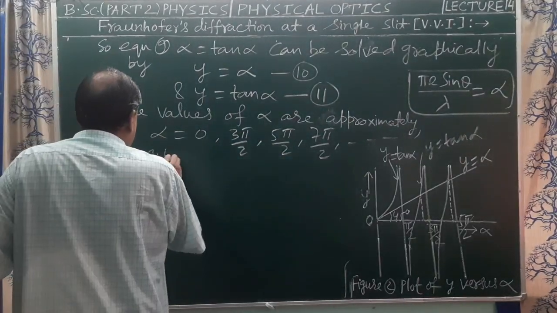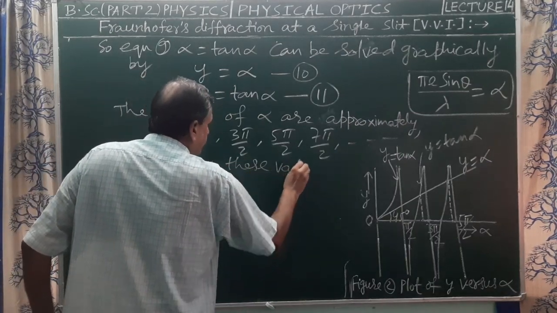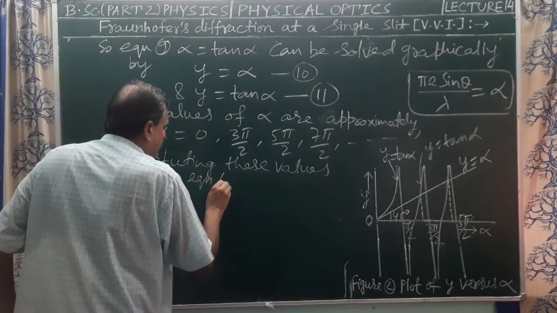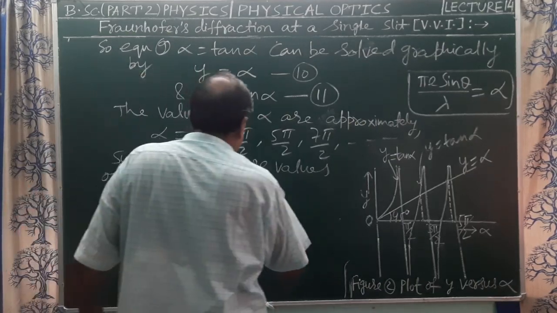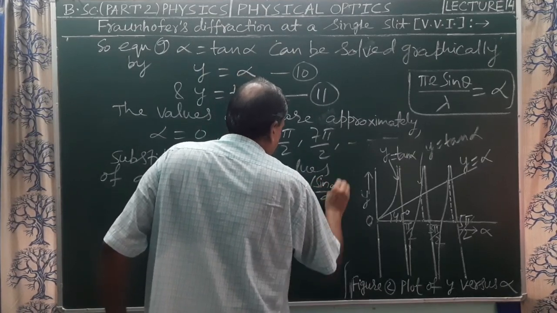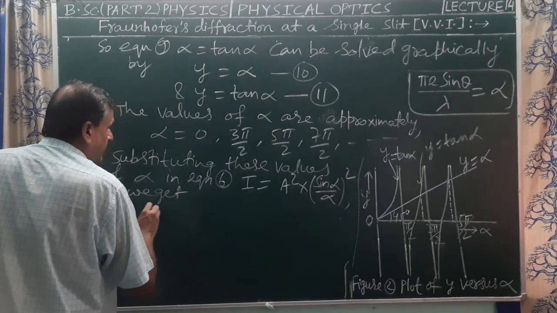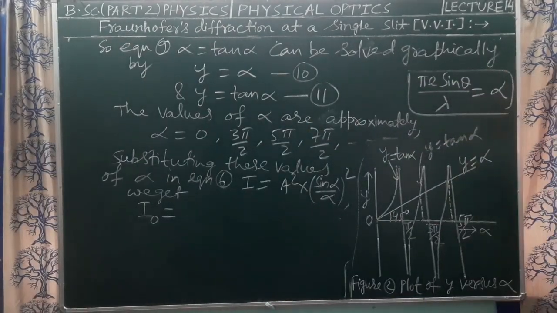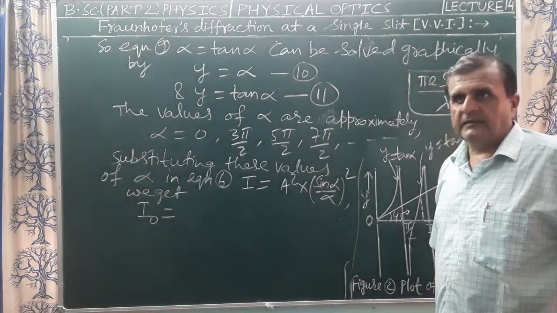So substituting these values of alpha in equation number 6, that is the expression for resultant intensity of light, I is equal to A square multiplied by sin alpha upon alpha, the whole square, we get I0 for alpha equal to 0, which is the position of central maximum.